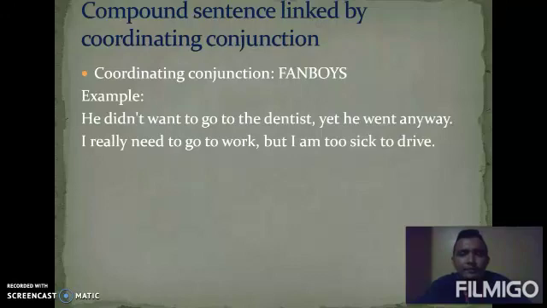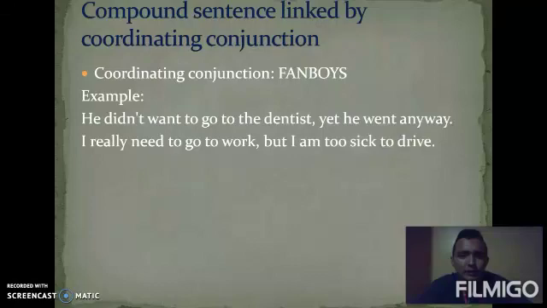We have an acronym, FANBOYS. Each letter represents a coordinating conjunction. For example, the letter F, for; A, and; N, nor; B, but; the letter O, or; the letter Y, yet; and S, so.